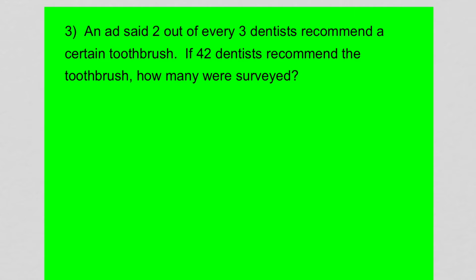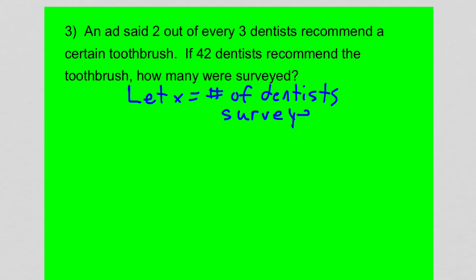So to identify the unknown, it says 42 dentists recommend the toothbrush. How many were surveyed? So let X equal number, not hashtag, but number of dentists surveyed. Okay, well, what are we comparing in this problem?